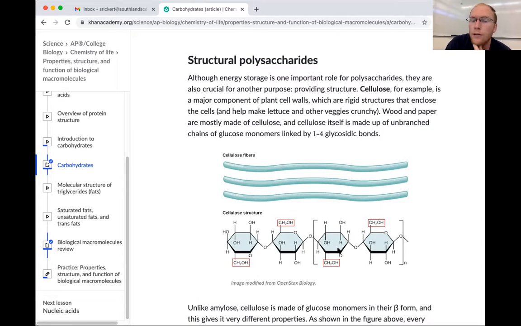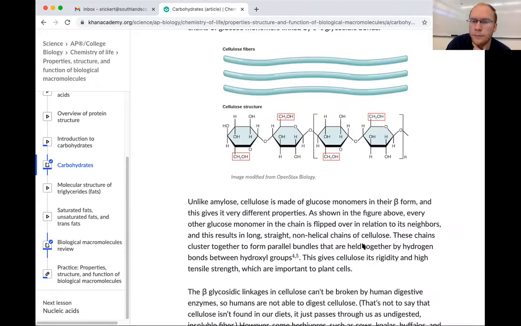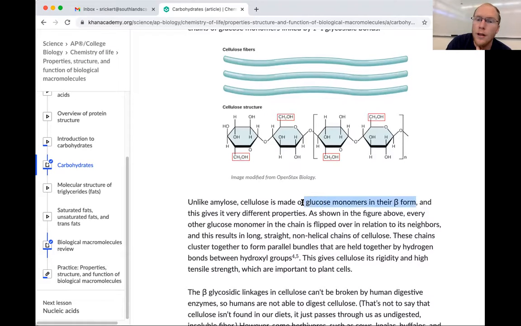So this is cellulose. It's just a lot of these glucose monomers all bonded together with these covalent bonds. And again, this is made out of glucose monomers in the beta form, not useful, not something that the human body can actually digest.